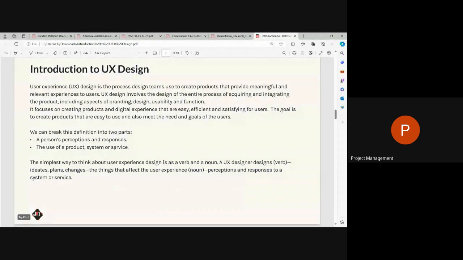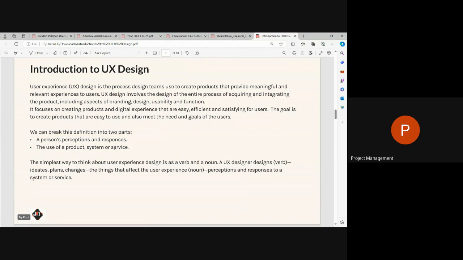So user experience design is the process of creating designs that are functional to the users, that provide meaningful and relevant experience to the users. It's the process of conducting research to understand the problem, to identify the needs and the users' pain points.